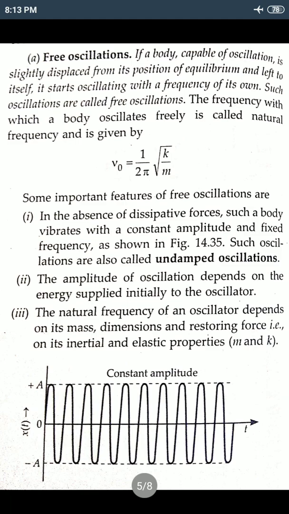Here the definitions are written. If a question comes on defining free oscillation, then you write this definition. These are the important features we already discussed. And this is the mathematical expression for the frequency of free oscillation. A body oscillates freely with a natural frequency, which is denoted by nu 0, equal to 1 by 2 pi root under k by m.